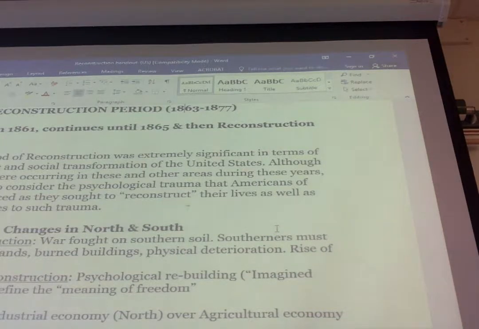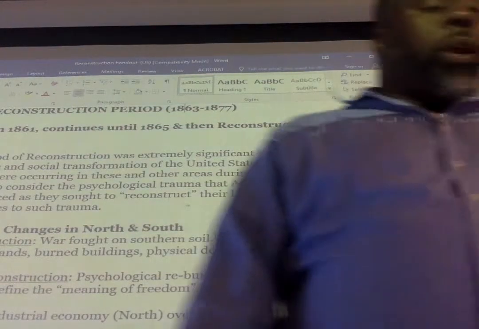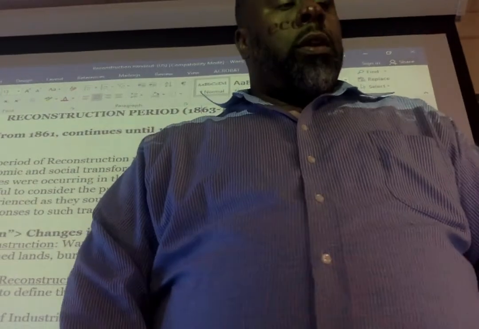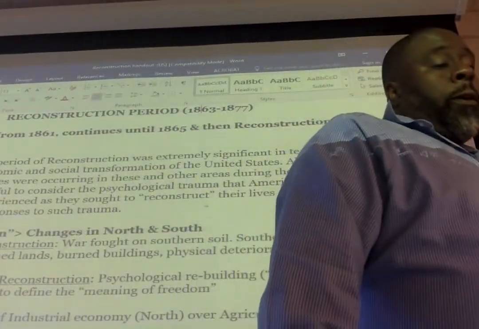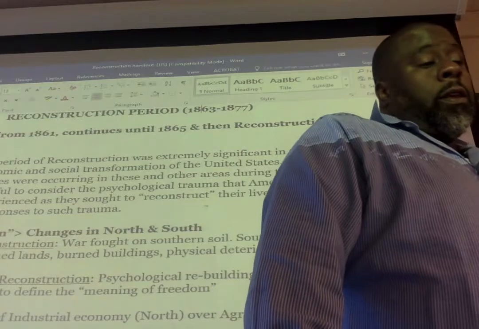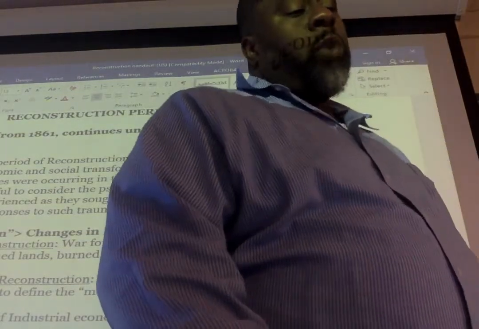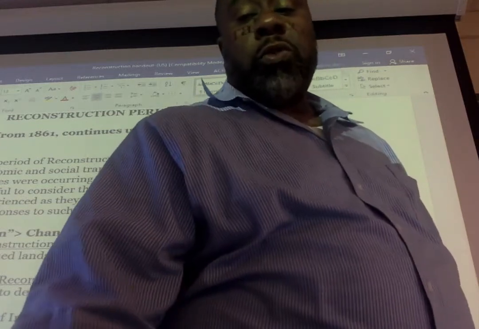So the period of Reconstruction is extremely significant in terms of the political, economic, and social transformation of the U.S. Although momentous changes were occurring in these and other areas in these years, it may be most useful to consider the psychological trauma that Americans of various colors, classes, genders, you could argue as well, regions, experienced as they sought to reconstruct their lives, as well as their particular responses to such trauma, right?